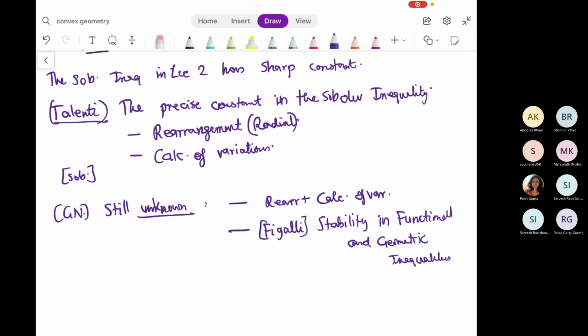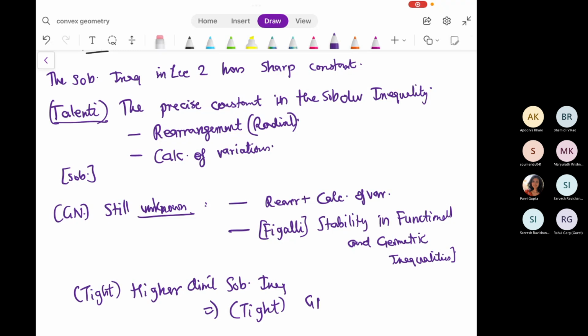In this particular paper, you can find how a higher dimensional Sobolev inequality, which is tight, can be used to prove a tight GN inequality for a particular choice of indices.